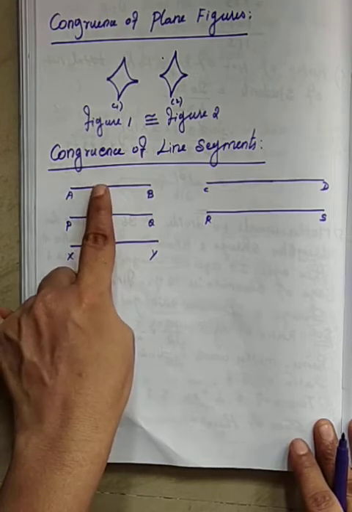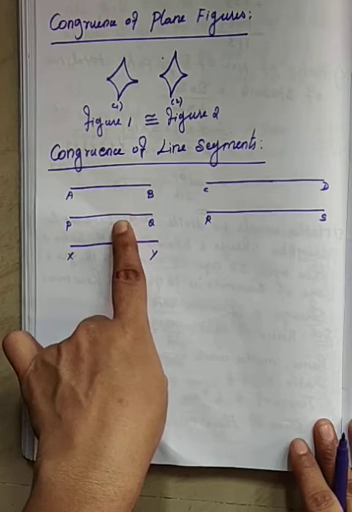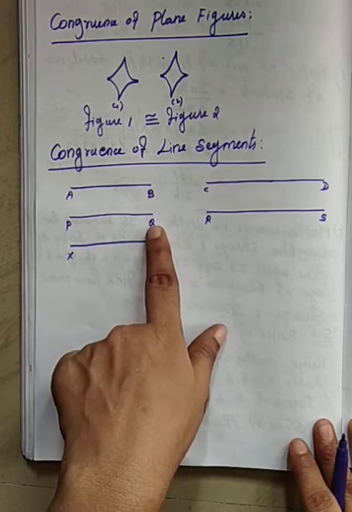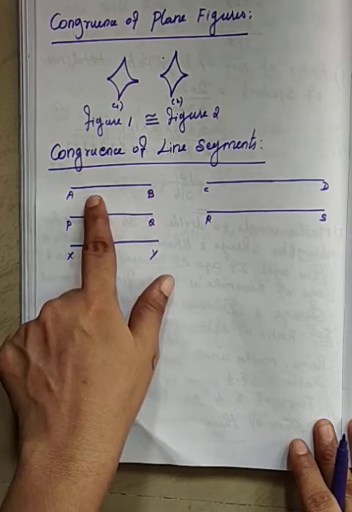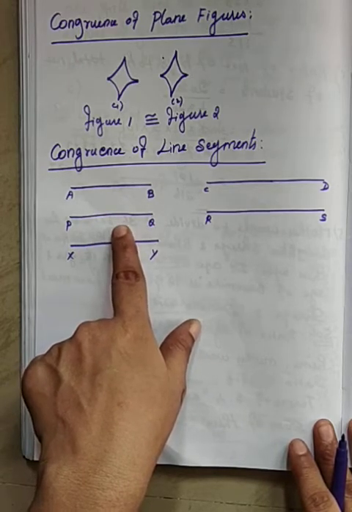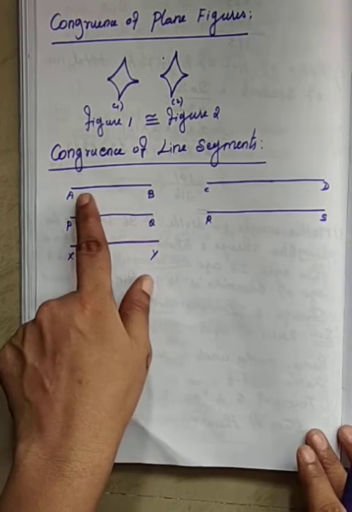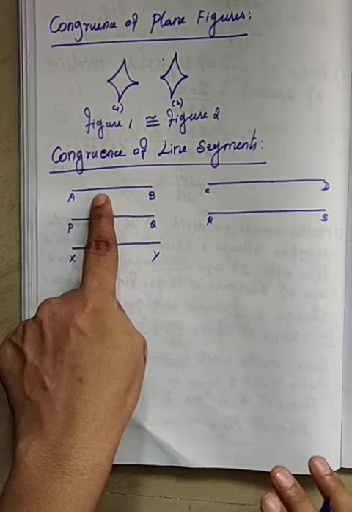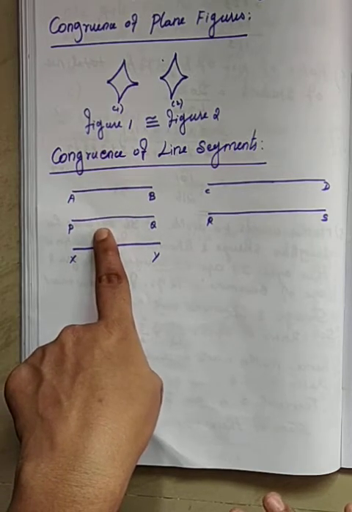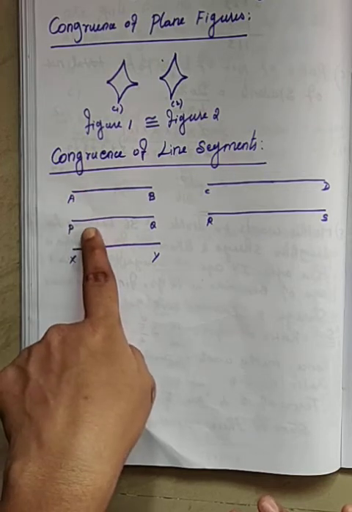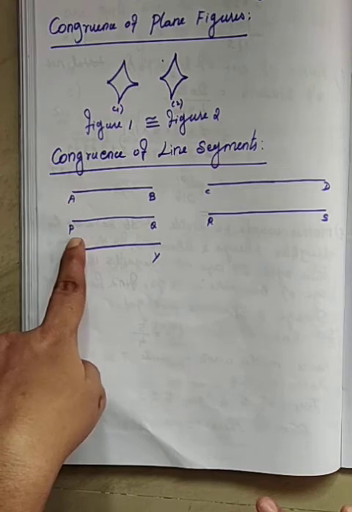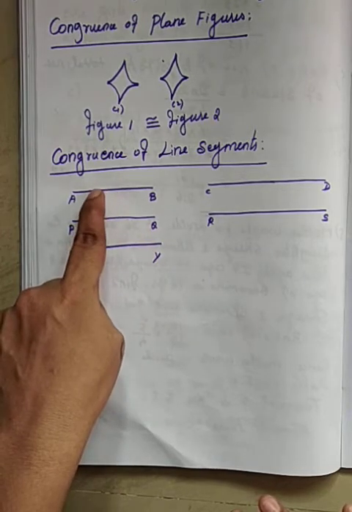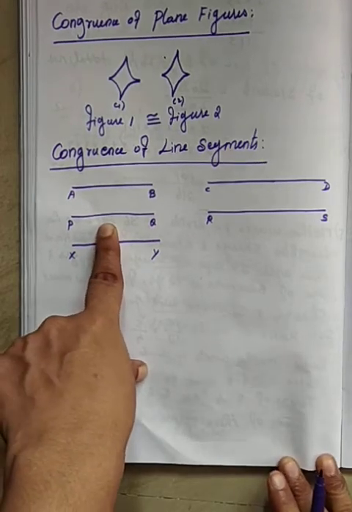If the copy of AB covers PQ such that the point A coincides with the point P and point B coincides with the point Q, we can conclude that AB and PQ are congruent line segments.